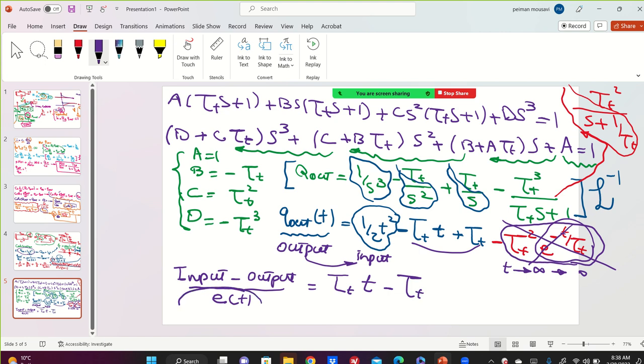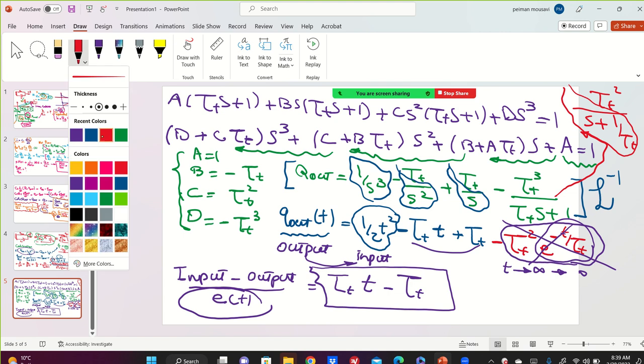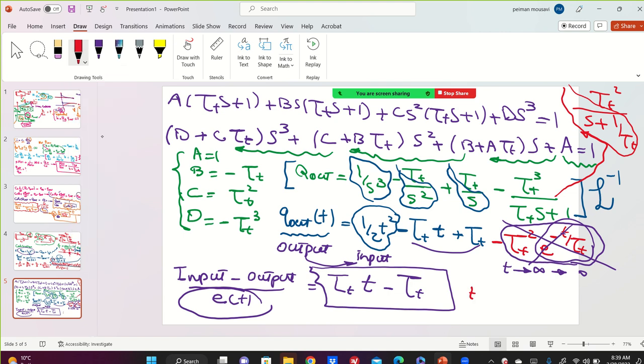So the error signal when you apply the parabolic input shows that when time increases, the error signal increases.